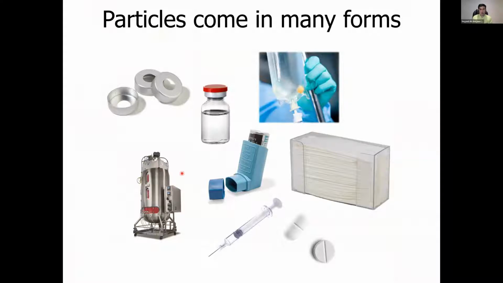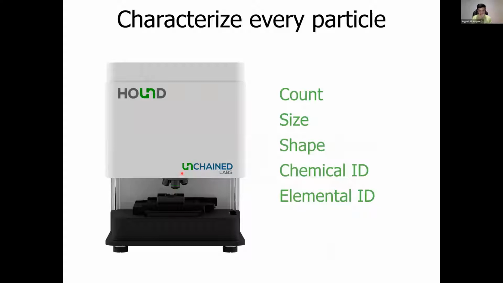They could come from caps, pipes, bioreactors, syringes, vials, anywhere. So these particles could be anything, and they could come from anywhere. So we need a solution that can handle any kind of particles, and that's exactly what Hound is.